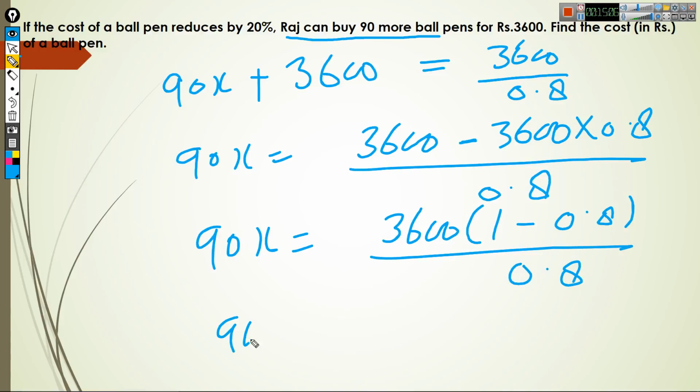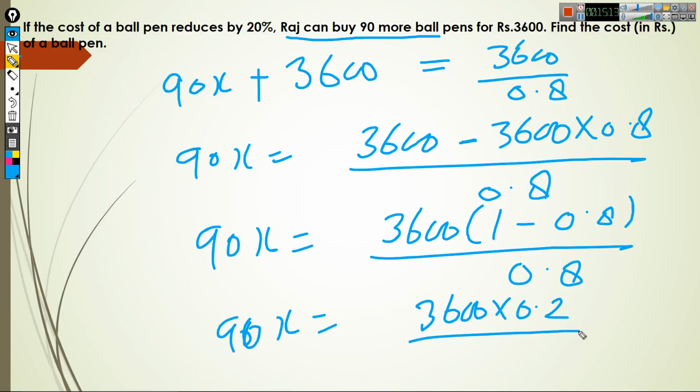So 90x is equal to 3600 multiplied by 0.2 divided by 0.8.